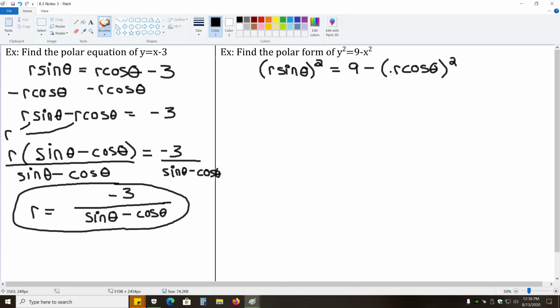So simplifying each of these square values, we get r squared sine squared theta equals 9 minus r squared cosine squared theta. We distribute the square to each of our terms because we're multiplying.